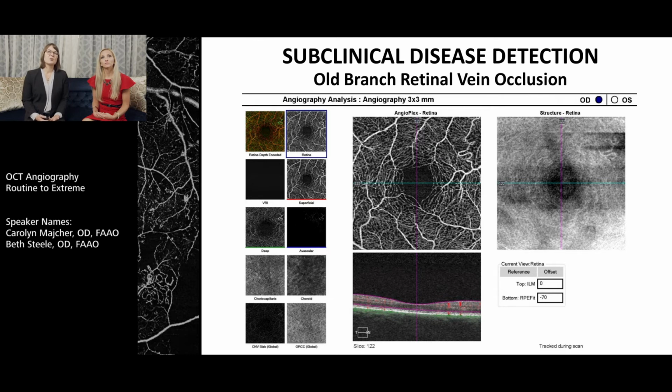In this example, in the total retinal vascular representation, the en face image that's been selected here, again we see non-perfusion, we see loss of vascular organization, but if you can direct your attention to the top right-hand area of the retinal vascular en face image, what you see is an abnormal vessel appearance. We have a collateral vessel here, so this is consistent with an old branch retinal vein occlusion, for example.